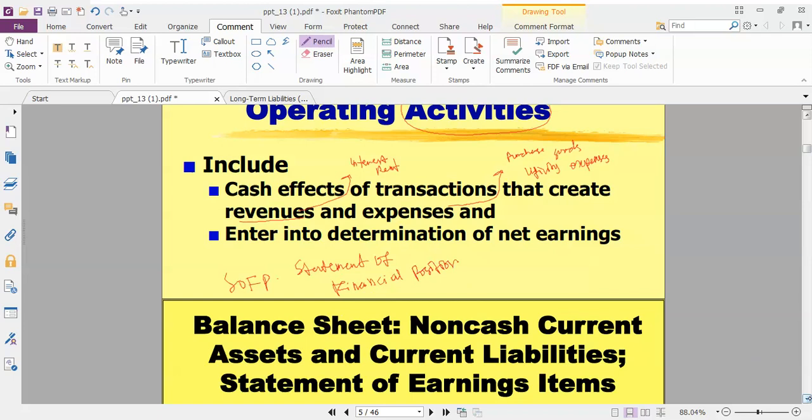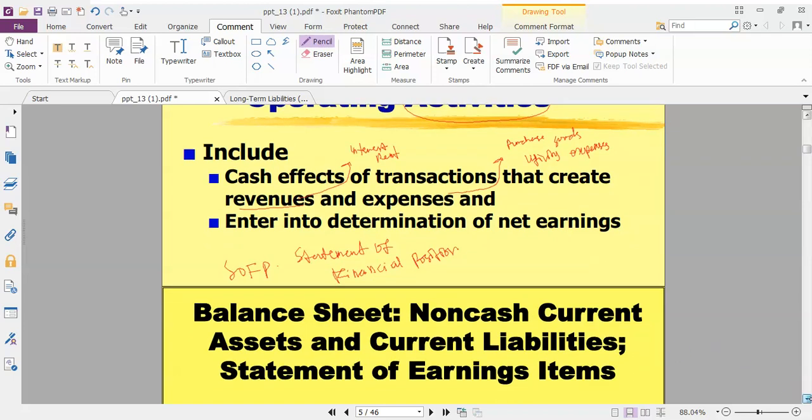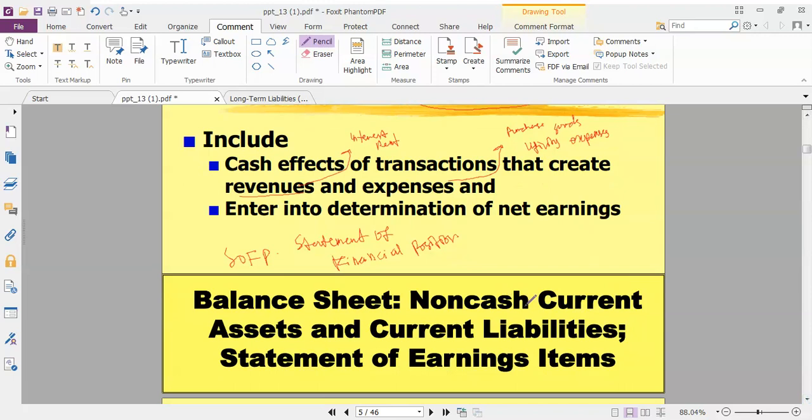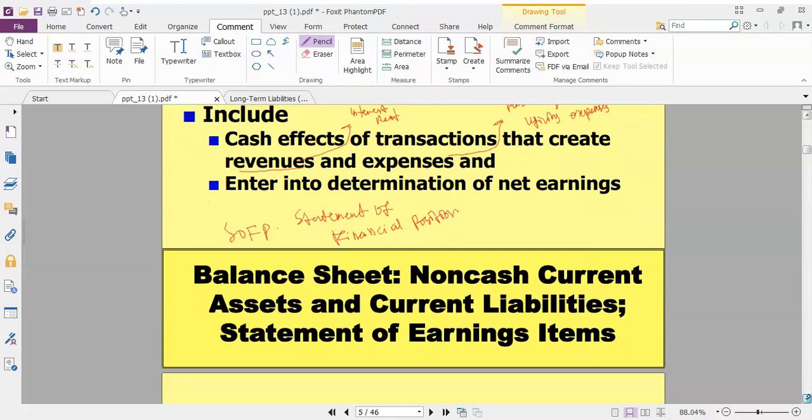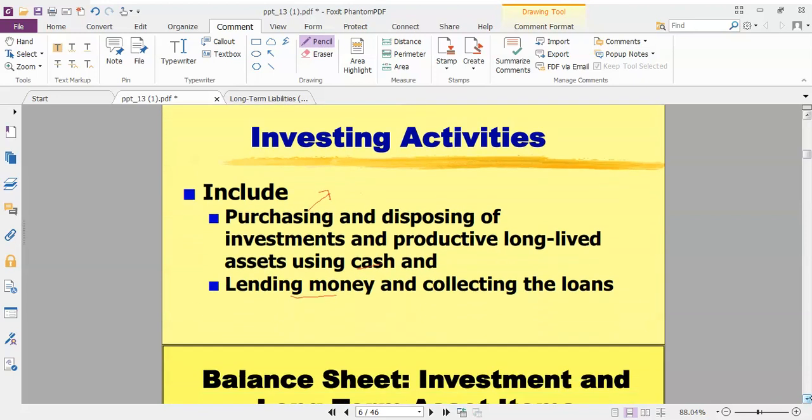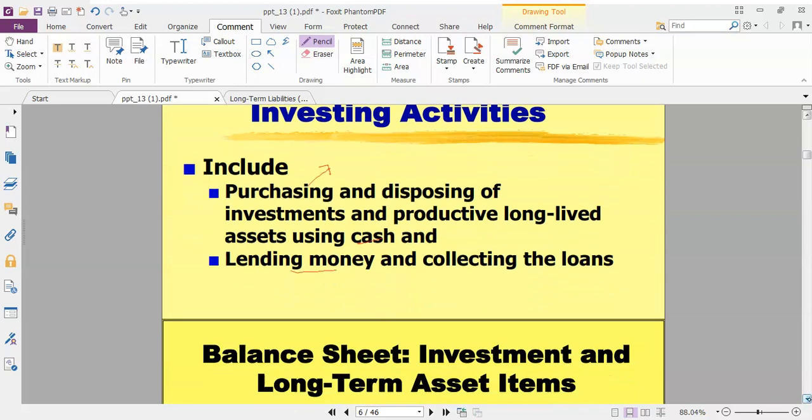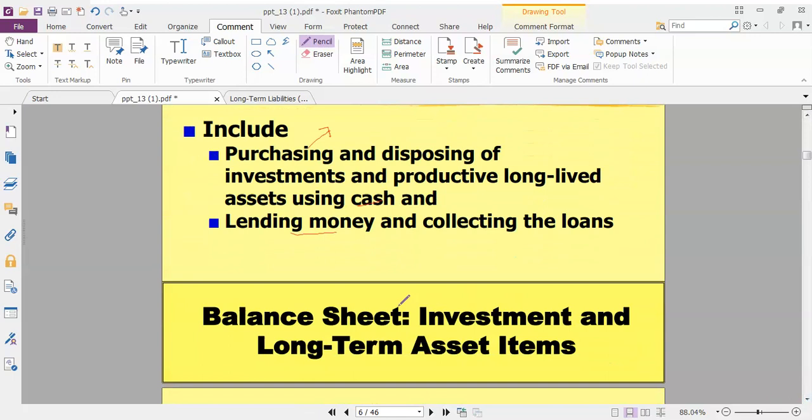So operating activities include the non-cash current assets and current liabilities and statement of earnings items. But investing activities are included under investment and long-term asset items in the balance sheet.